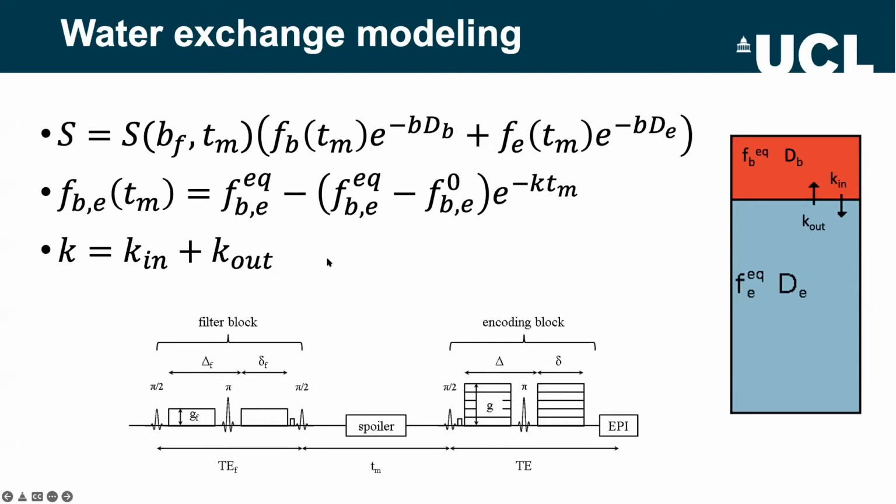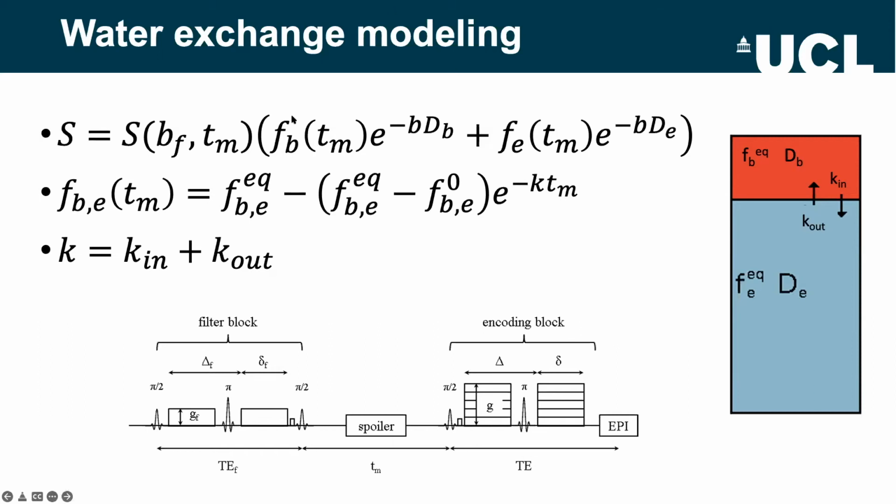These fractions here are a function of the mixing time within our FEXI experiment. So as mixing time progresses, we expect more of the unsuppressed spins from the extravascular space to move into the vascular space.